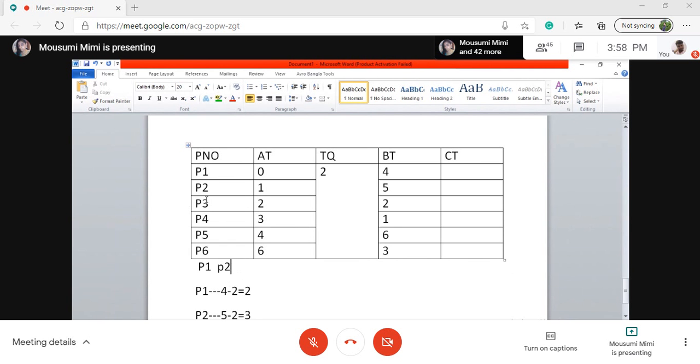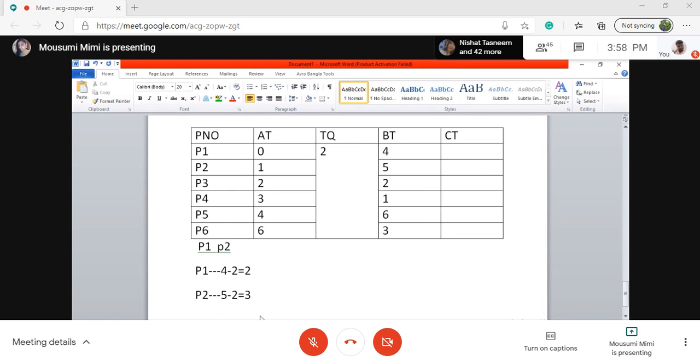Now look at process 3. Within 2 seconds process 3 comes and the burst time of process 3 is 2.